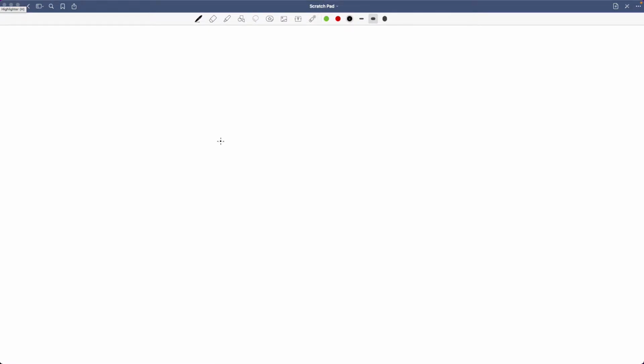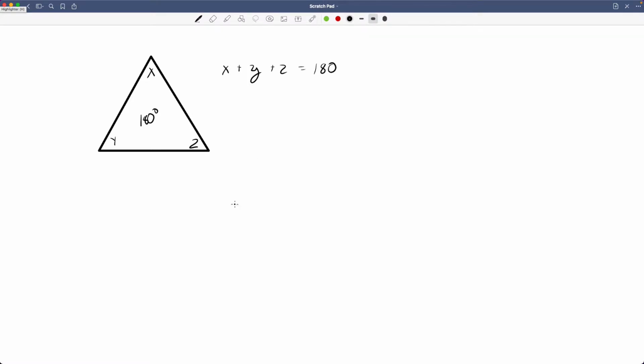So we know that a triangle has an interior degree of 180, or a total interior degree of 180. So if we were to label X, Y, Z as each of these interior angles, we could say that X plus Y plus Z is equal to 180.